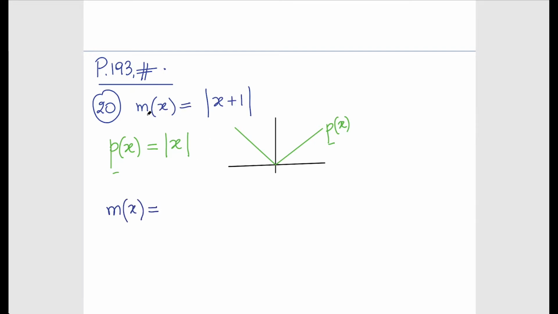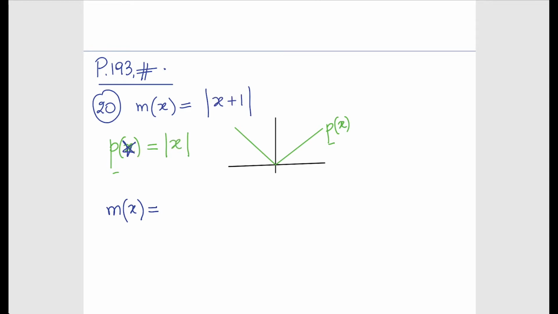How do you represent m in terms of p if m of x is the absolute value of x plus 1? Well, p of anything is the absolute value of the thing. What is the thing within the absolute value? It's the x plus 1, correct?